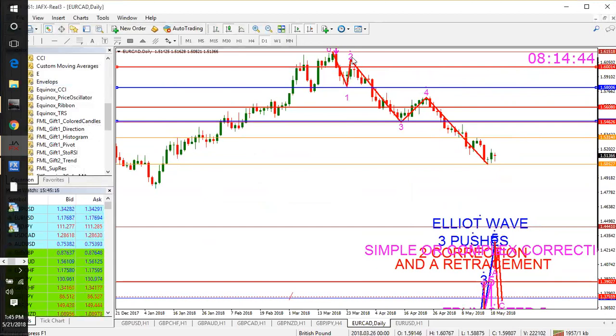This thing hits 618. Okay, now the correction is over, and for you to start selling, we need the next push. So I'm going to enter for the next push. So this will be my first take profit. Now let's calculate from this point to this point. That's 201 pips. Okay, 201 pips right there.